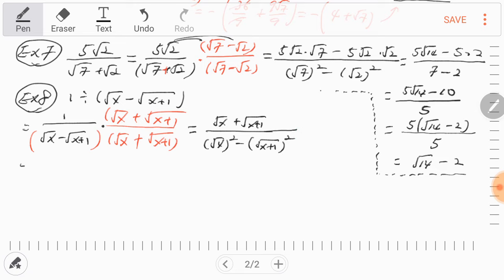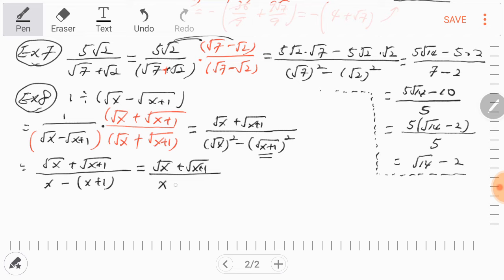And that is equal to square root of x plus square root of x plus 1 for the numerator, and the denominator is x minus, put parentheses. Make sure you put parentheses because we have to protect this x plus 1. Then the numerator is unchanged. The denominator is x minus 1, then from the denominator, x minus x is 0 and negative 1.